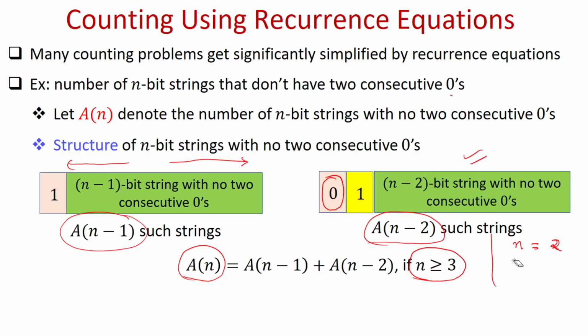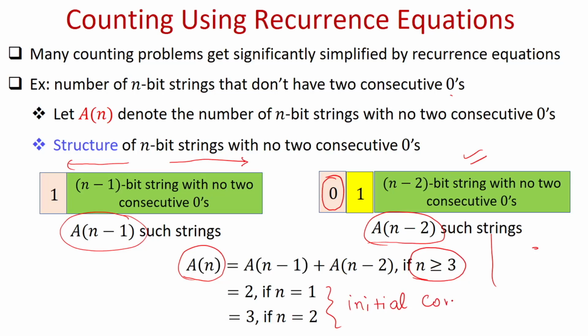So now you might be wondering, what about the output of the a function on inputs which are less than 3? So we will be giving some initial conditions. Why am I calling them initial conditions? Because the recursive function is not applicable for the case when n is equal to 1, and it is not applicable for the case when n is equal to 2.